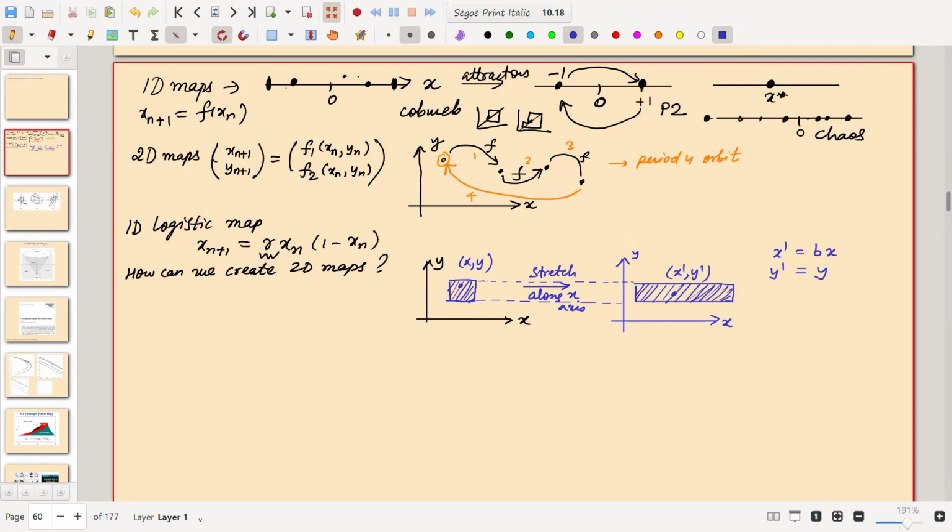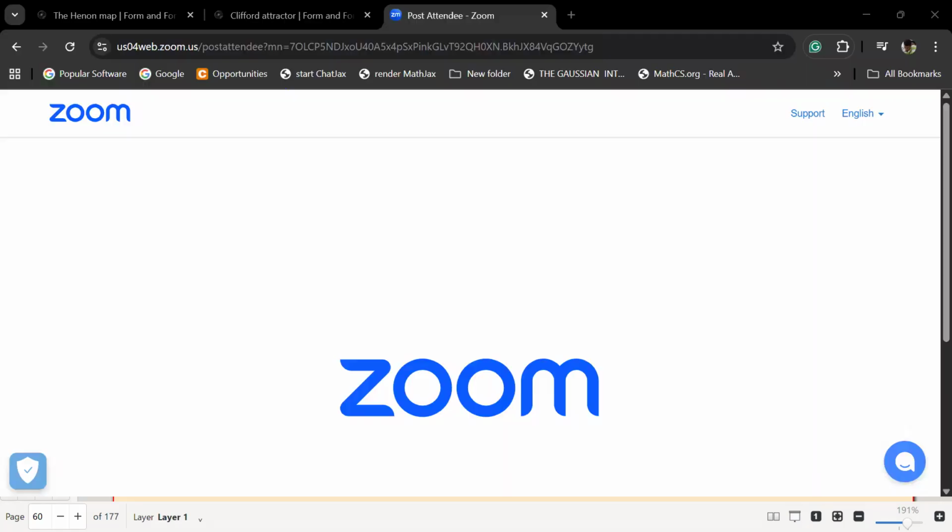So we are saying don't disturb the y coordinate. The y coordinate should be the same, and it is the same because you can see the same y coordinate in the two figures. However, the x coordinate has shifted by a factor of b.